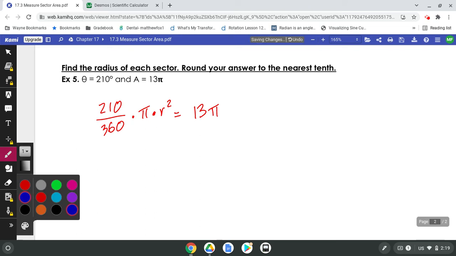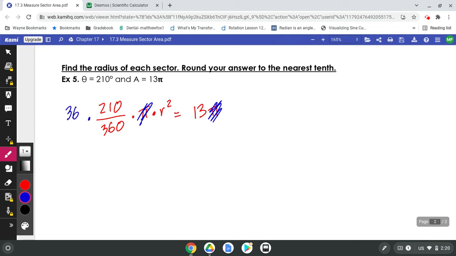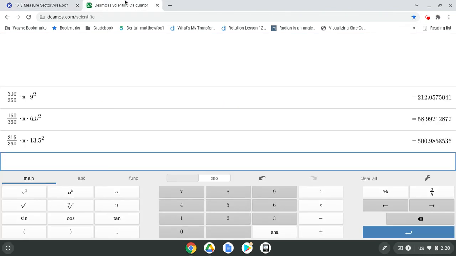Now to start off, since pi is on both sides, just cancel that out. The next step, we have to get r squared by itself. We can multiply by the reciprocal. If we flip the numerator and denominator, this will cancel the 210s, the 360s. If you do that to one side, you've got to do it to the other. So we'll take 13 times 360 divided by 210.